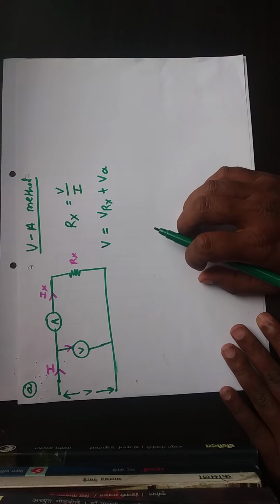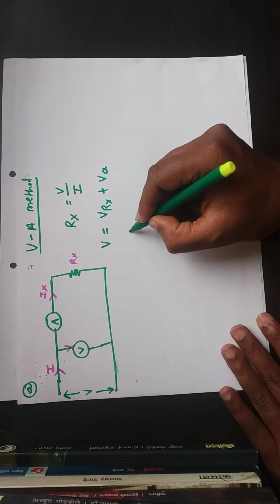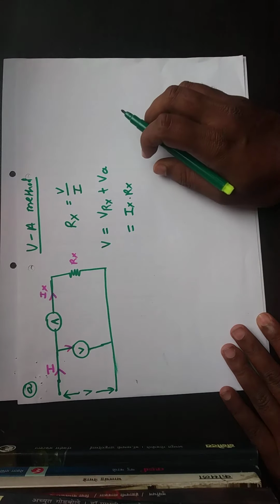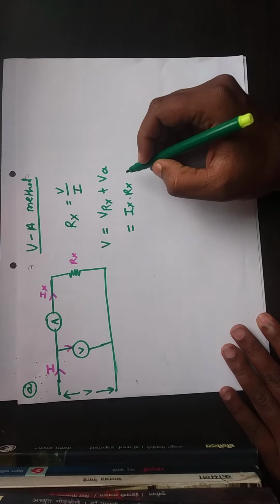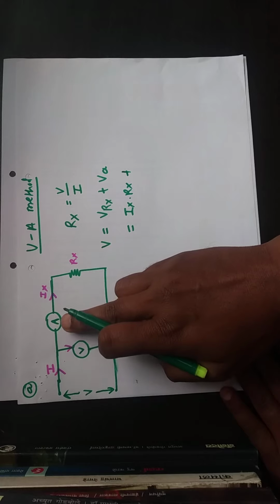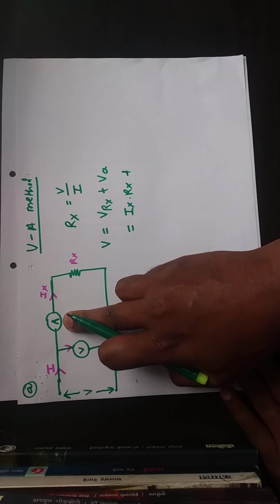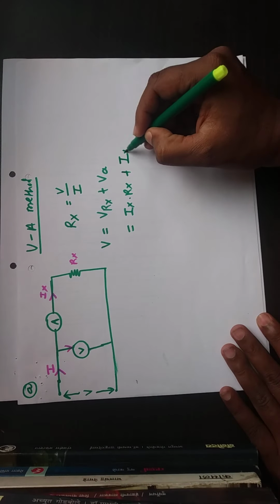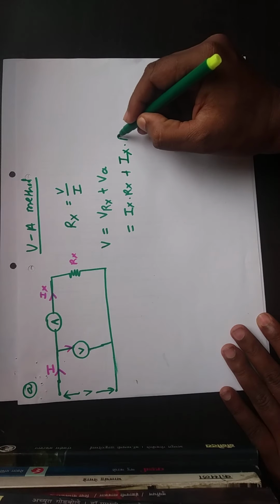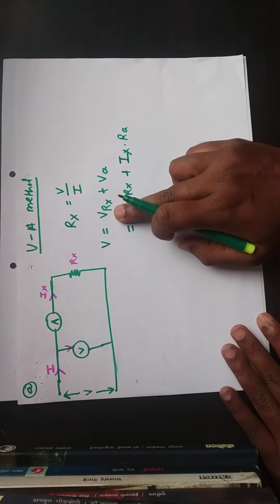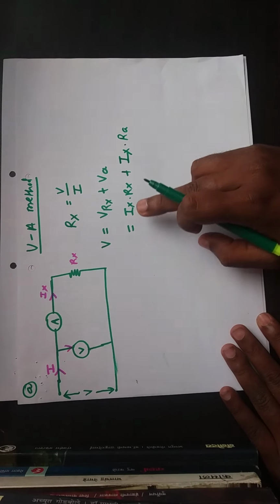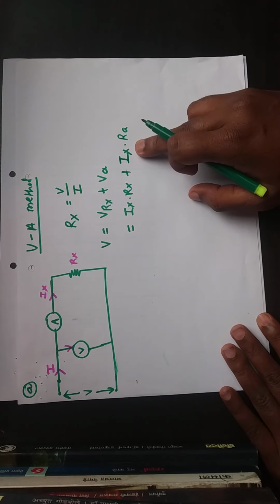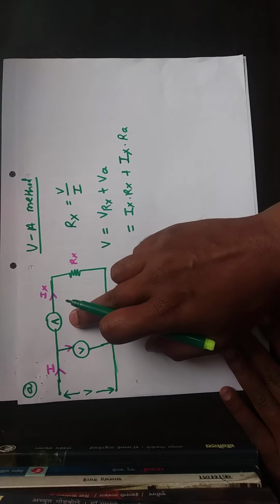If you apply simple Ohm's law here, then Vrx can be written as the current flowing through it, that is Ix, into its resistance Rx, and the voltage across the ammeter can be written as the current flowing through the ammeter, that is Ix, into its resistance Ra.